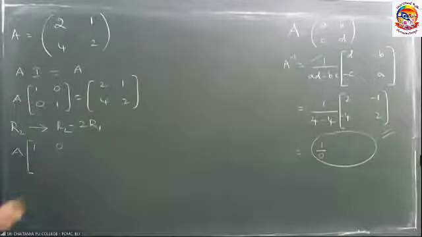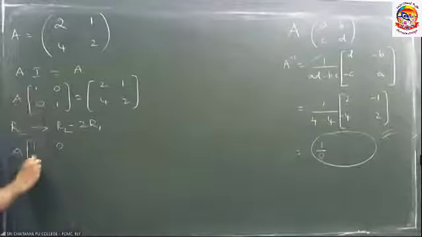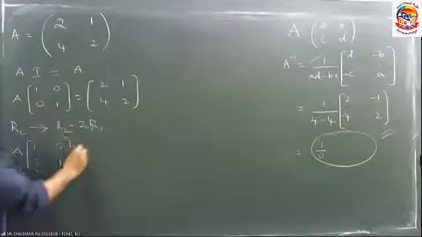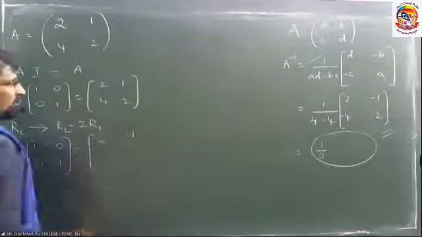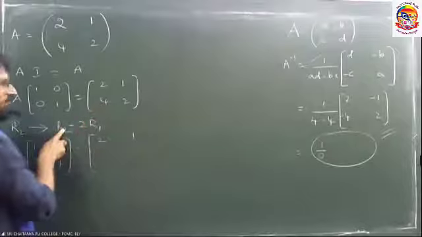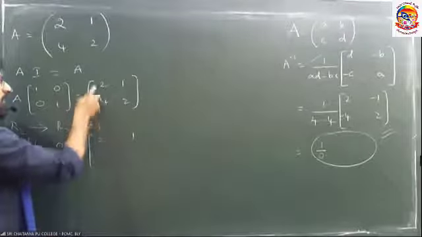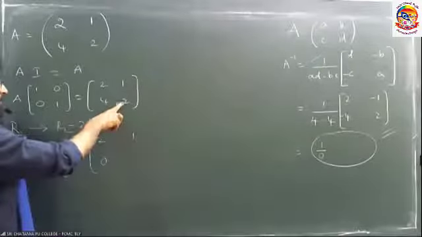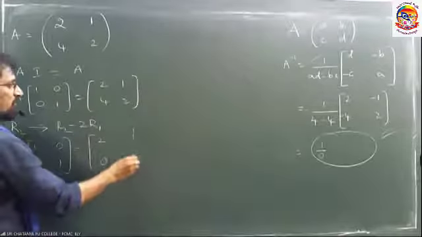So the right side is [[1, 0], [0 minus 2, 1 minus 0]], which is [[1, 0], [negative 2, 1]]. And on the left, 2, 1 as it is, and 4 minus 2 2s are 4, 4 minus 4 is 0, and 2 minus 2 is equal to 0.